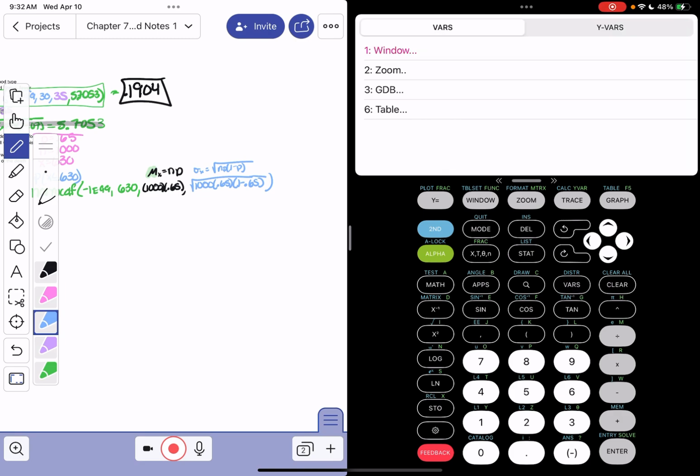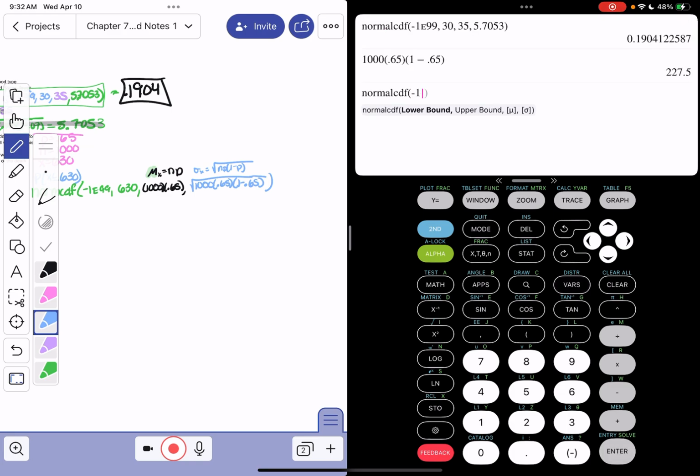So second vars, norm CDF, negative 1E99, 630. And then here I'm just going to type 1,000 times 0.65 in parentheses, then put a comma, square root, 1,000, 0.65, and then 1 minus 0.65.